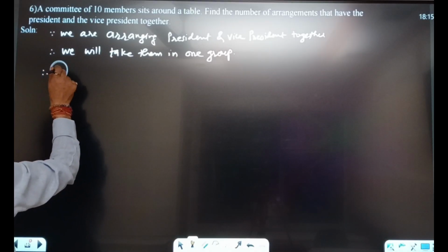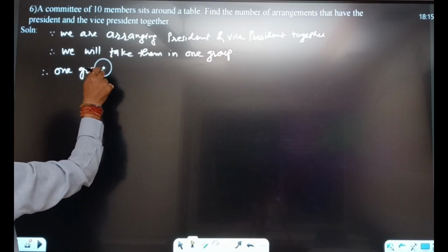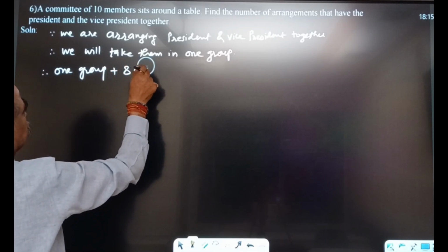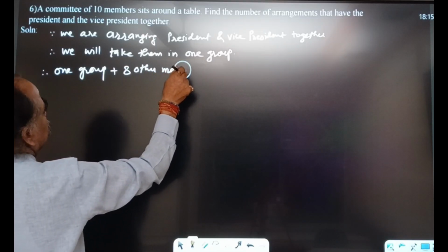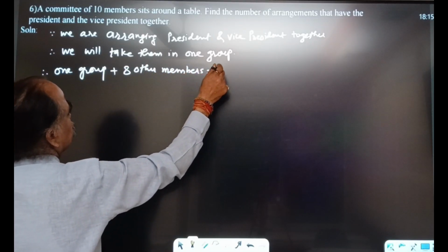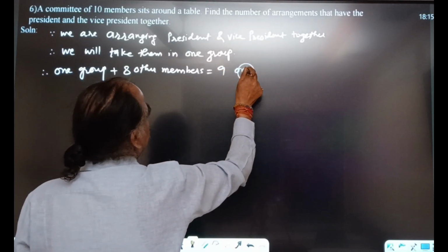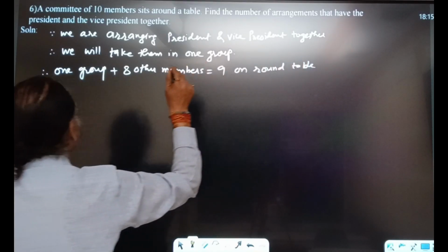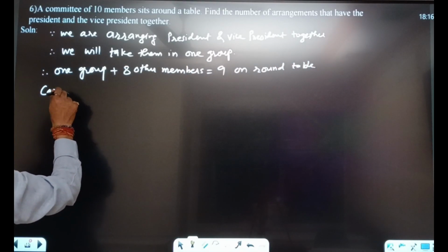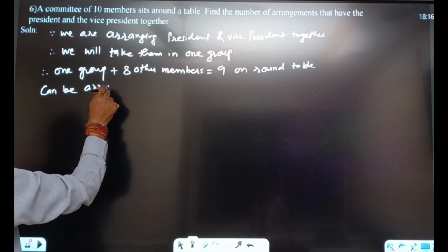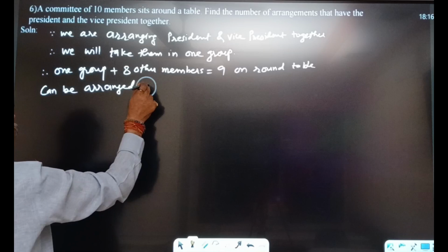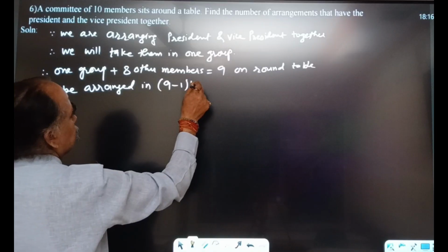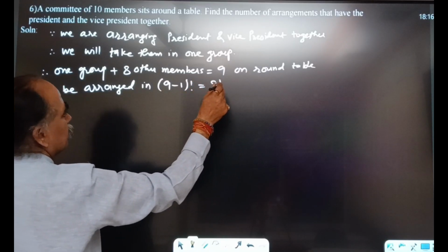Therefore, one group plus eight other members is equal to 9 on a round table can be arranged in 9 minus 1 factorial, which is equal to 8 factorial ways.